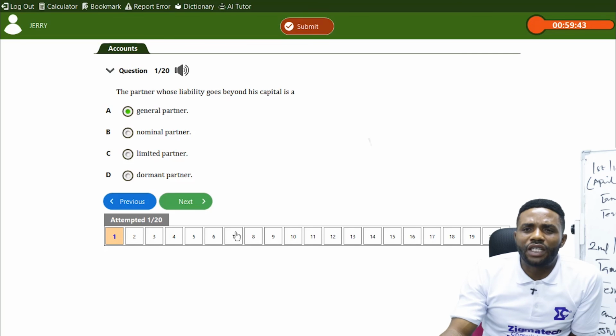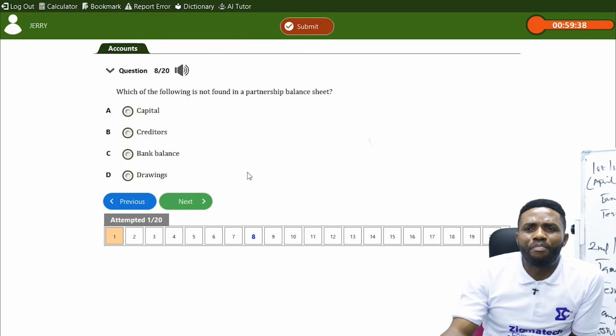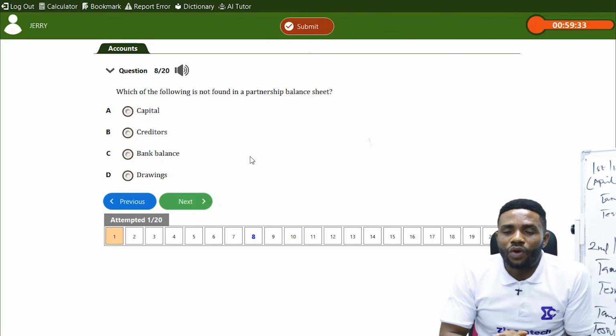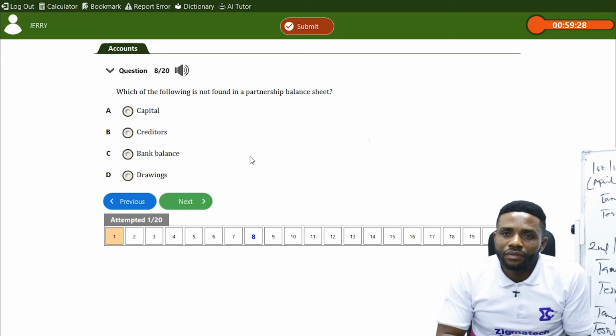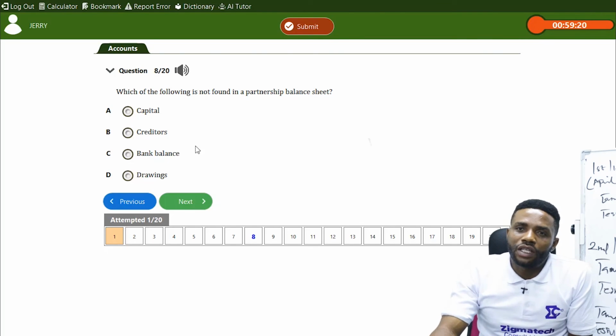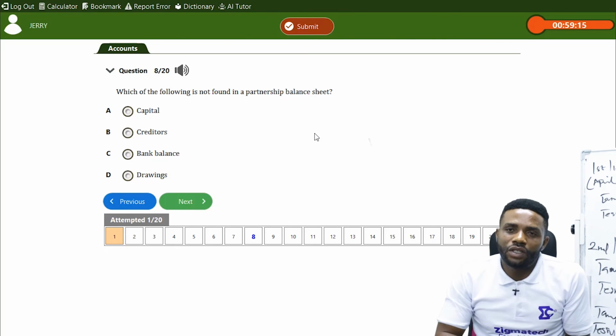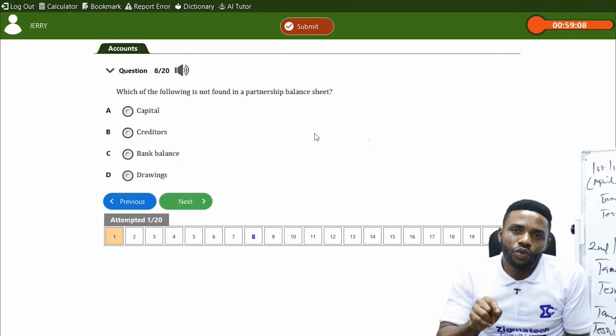Let's just take at random. Let's look at question 8. Which of the following is not found in the partnership balance sheet? In the partnership balance sheet, you can see their capital, their creditors, their bank balance, but what is not shown is their drawings, because this drawing has already been taken care of in their capital account.